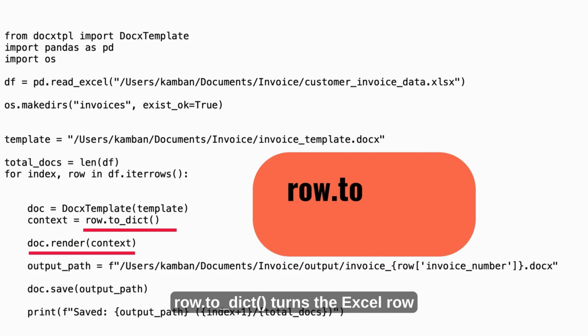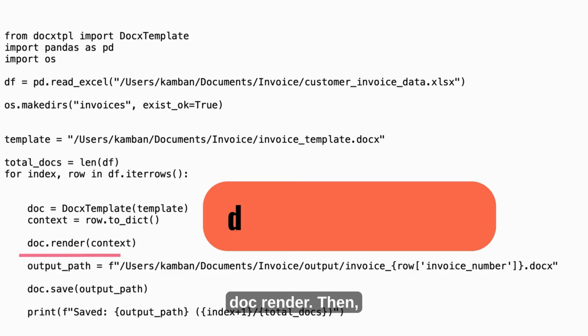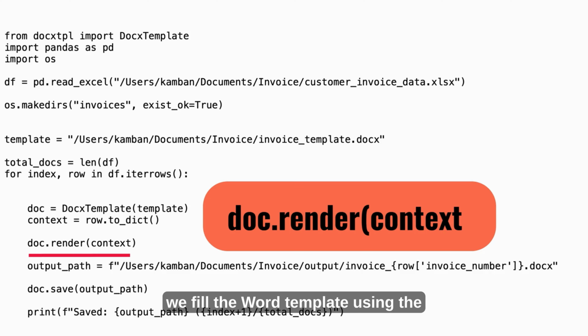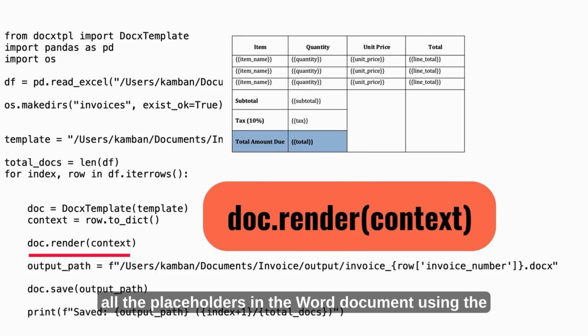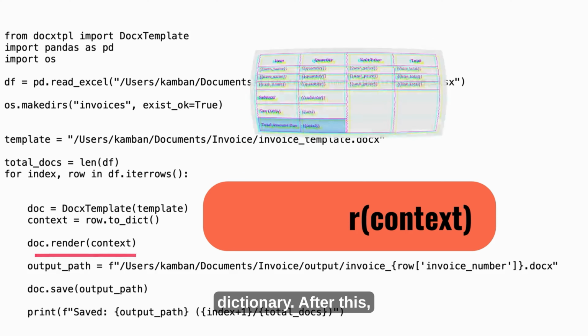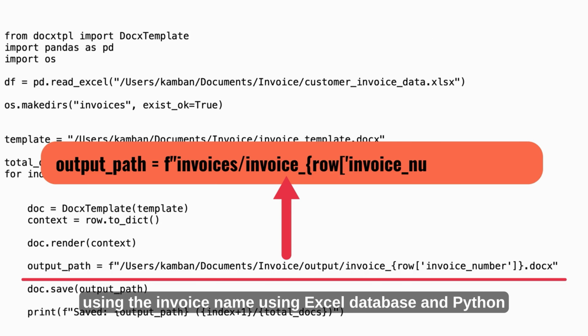Now, row.to_dict turns the Excel row into a dictionary so it can be passed into doc.render. Then, we fill the Word template using the context dictionary, doc.render(context). This functions to fill in all the placeholders in your Word document using the dictionary. After this, we create a unique file name for the output using the index.